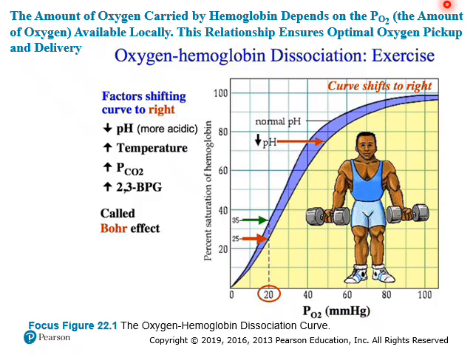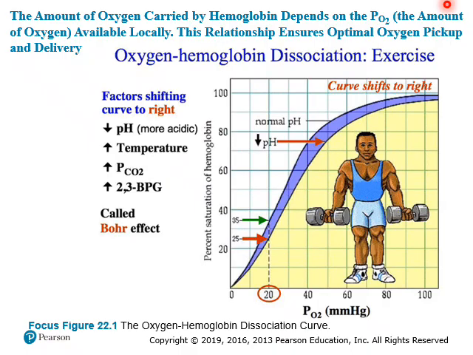You have an increase in temperature, the presence of hydrogen ion, the pressure of carbon dioxide, and BPG, and these can modify the structure of hemoglobin. All of them result in a decrease in hemoglobin's affinity for oxygen.